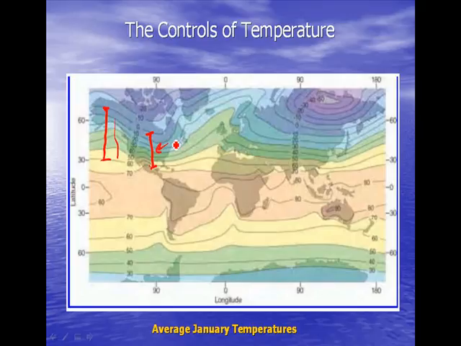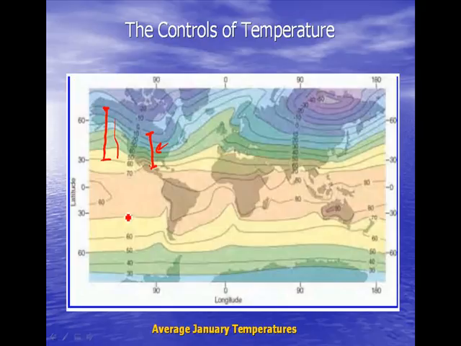So temperatures change much more rapidly over the continent in January than they do over oceans. Any idea why? Well, you already have an idea. We talked about the ocean being a huge heat reservoir. In other words, it has to do with heat capacity, or specific heat in particular. And so the land cools and heats up much more quickly than the oceans.